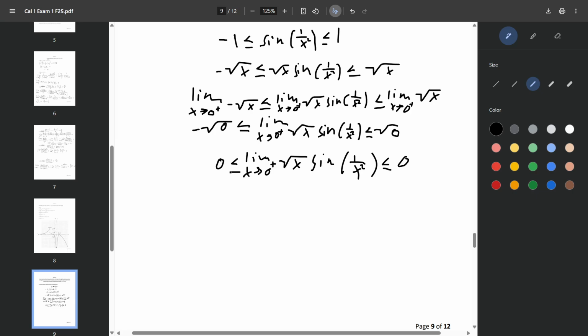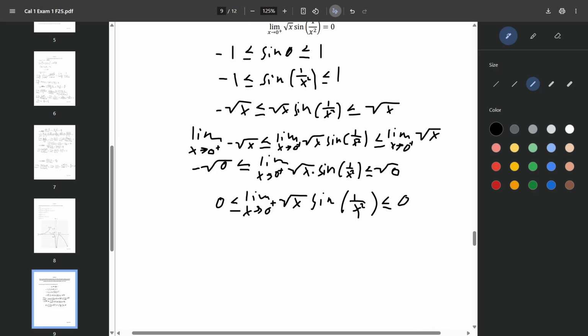And as you can see, our value in the middle, the limit as x approaches 0 from the right of root x times sine of 1 over x squared, is greater than or equal to 0 and less than or equal to 0.